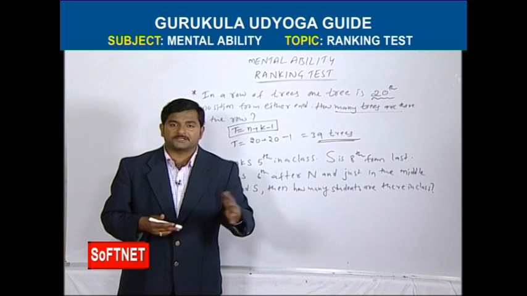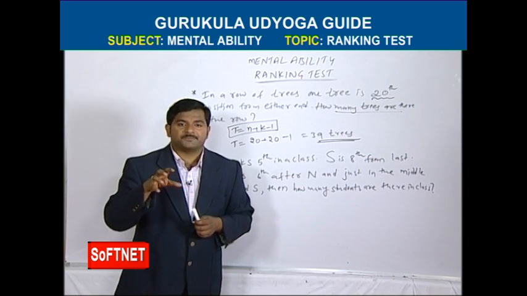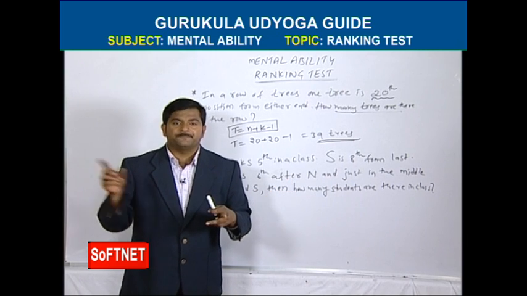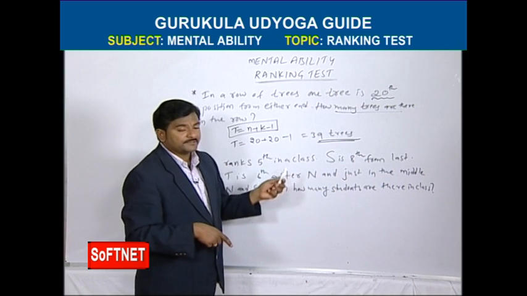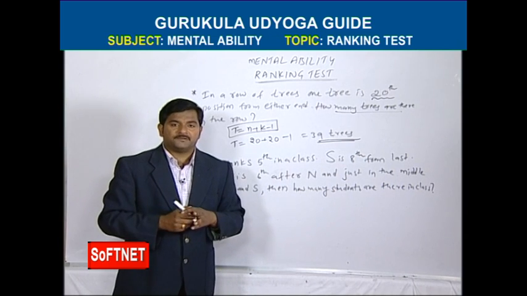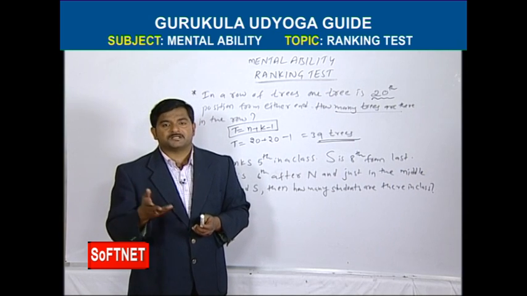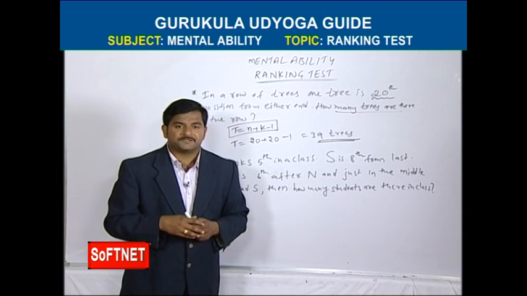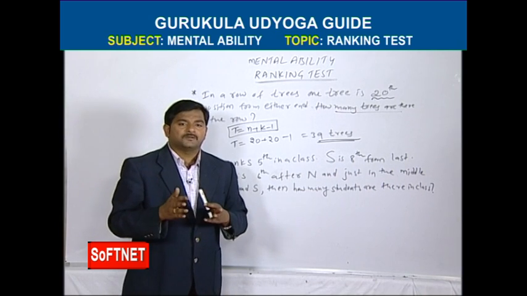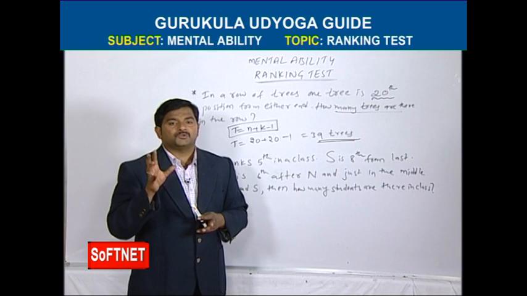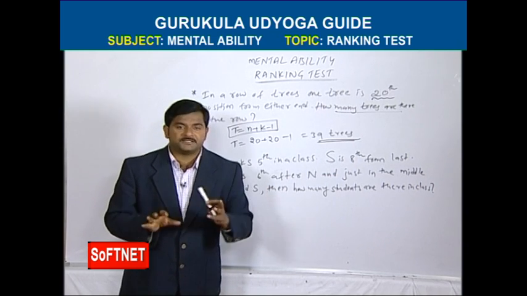From left 20th, from right 30th. So I know the same person's position from the left end and the right end. Here the values are different. In the earlier example the n value and k value were the same, but in this example the n value is 20 and the k value is 30. So 20 plus 30 is 50, 50 minus 1 means 49. It need not be common. The ultimate thing is you should know the same object's position from either end.